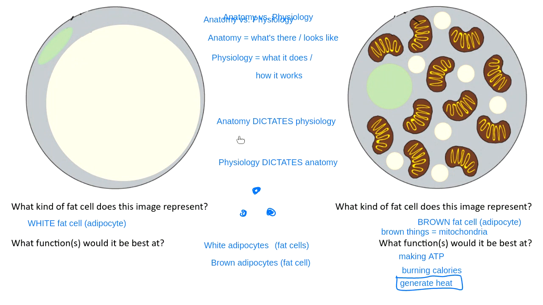When we go over to white fat cells, they are much simpler, right? White fat cells are the normal kind of fat cells. We find white fat cells all over the body, right? When we think about white fat cells, what would we summarize some of their jobs? What's the function of a white fat cell? This is much more basic. What's the function of a white fat cell?